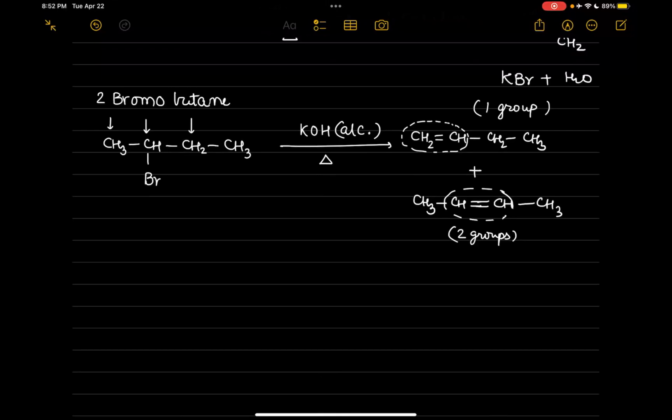So this is more branched. This is a more branched alkene. More branched alkene is the major product.